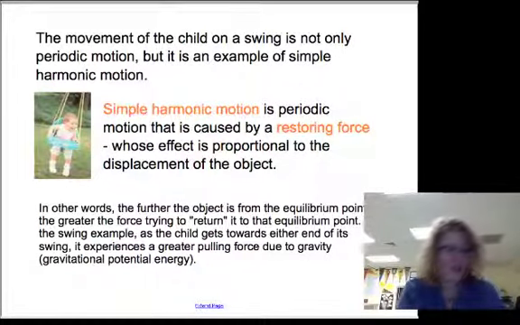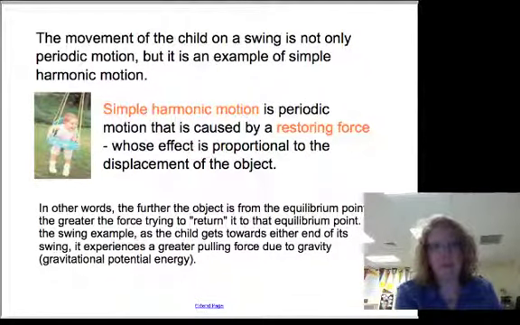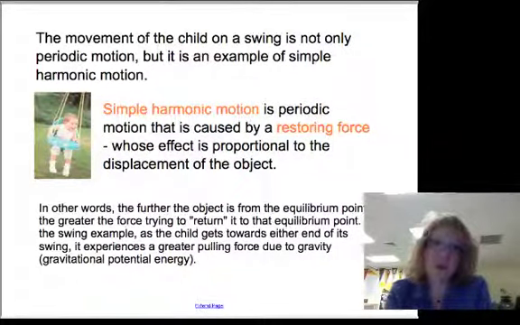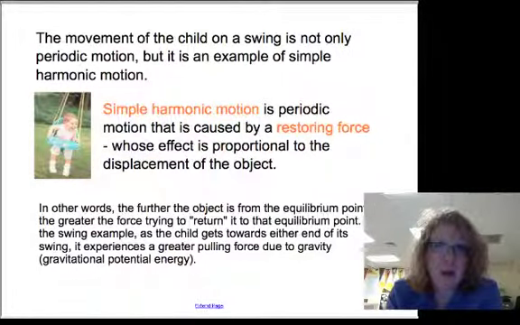Or when we're talking about our lovely weight on the spring, when it's down here, and then it comes up to equilibrium, and then bounces up, and then comes back down. That's simple harmonic motion. There's some sort of a force restoring it to that original equilibrium central position. The further an object gets from that equilibrium point, the greater the experience of that force is going to be.